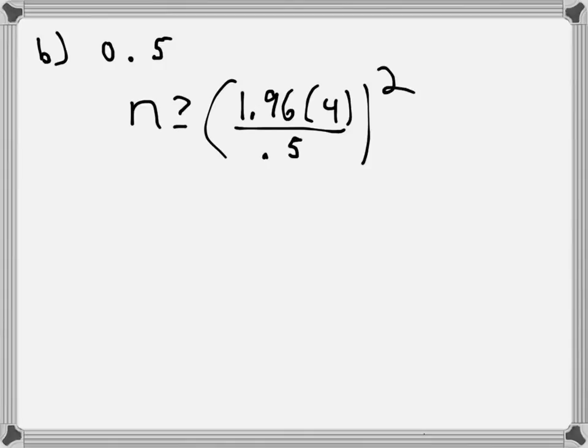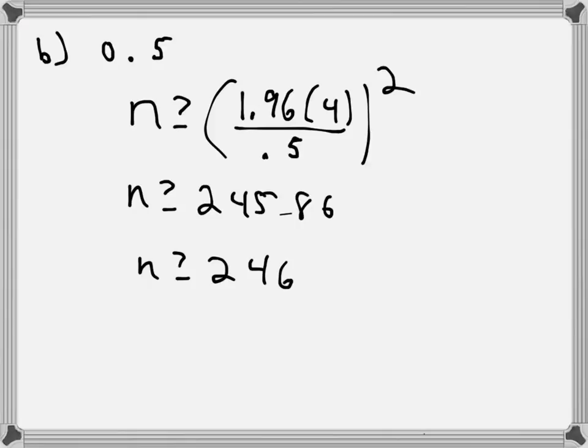And now our new margin of error is 0.5. So this will be 1.96 times 4 divided by 0.5, quantity squared, and I get 245.86. But I can't sample 86 hundredths of a person, so I'll round this up to 246.